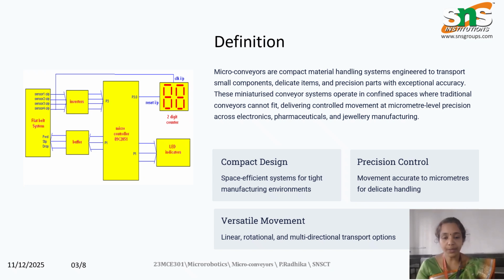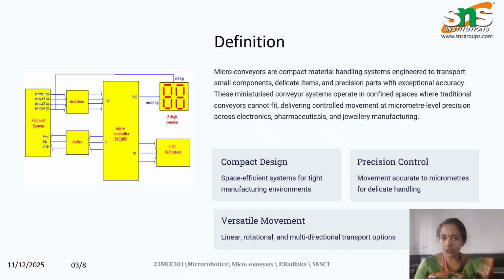Here, why we go for this is because the size of it is totally compact, efficiency will be good, accuracy will be good when it works along with the micro robots. So that is the main purpose here. In a micro conveyor design, it need not be a linear belt.